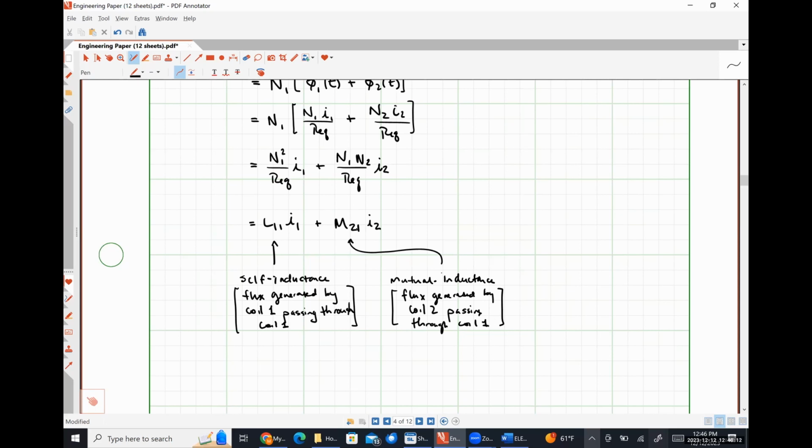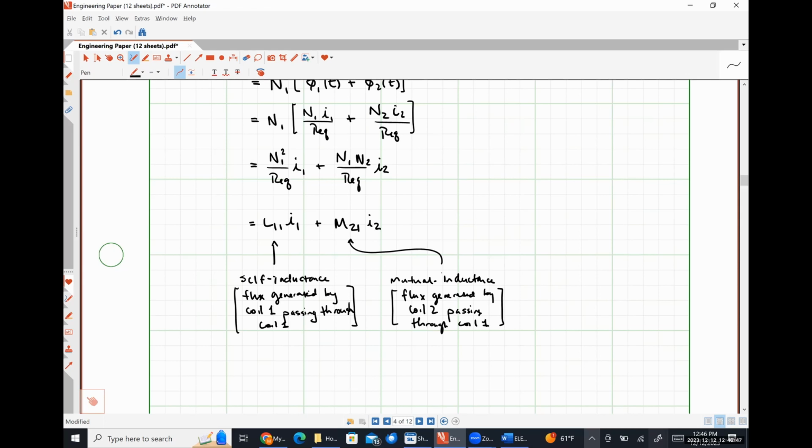We could do a very similar derivation for the flux linkage for coil two, and we would get almost an identical relationship, except that instead of having this L11 term, or N1 squared over equivalent reluctance, we would have N2 squared over the equivalent reluctance, which would be the self-inductance of our second coil. But our mutual inductance term would be exactly the same, right?